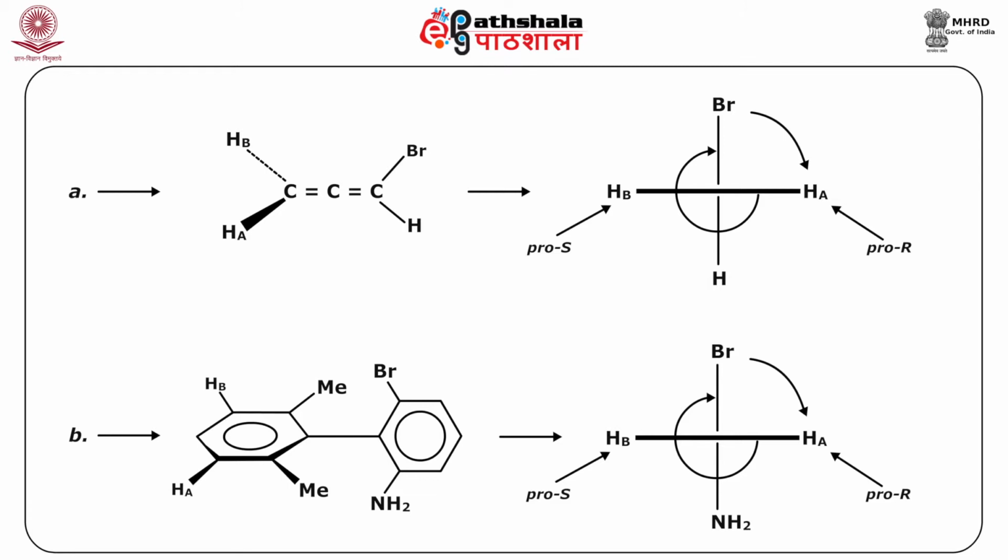Assigning the descriptors to such molecules is done by projecting the molecule on a plane in a similar manner as was done for R and S. If the configuration of the hypothetical chiral axis is R, as in allene, then HA is pro-R and so on. A similar procedure is adopted for the biphenyls.